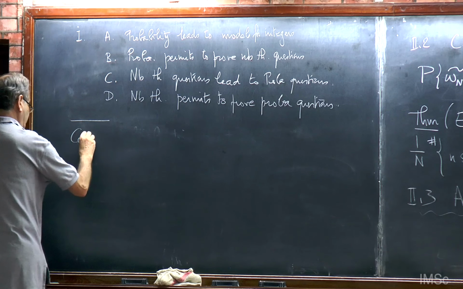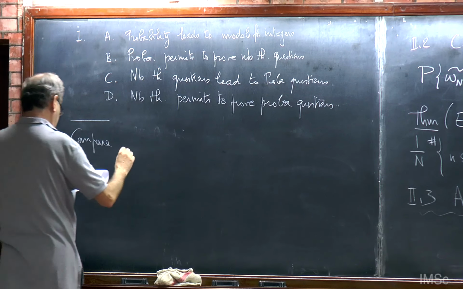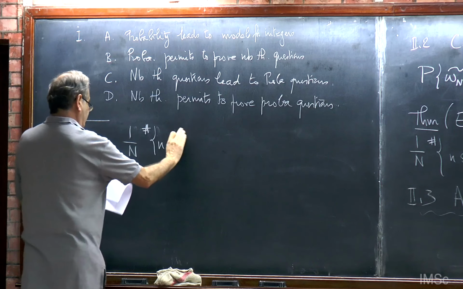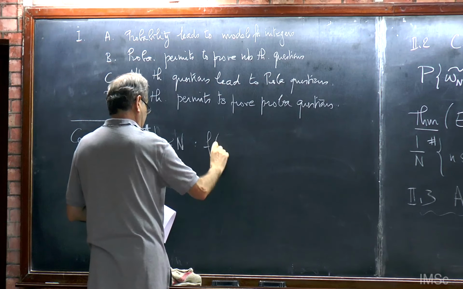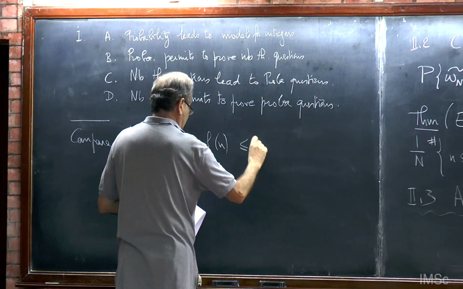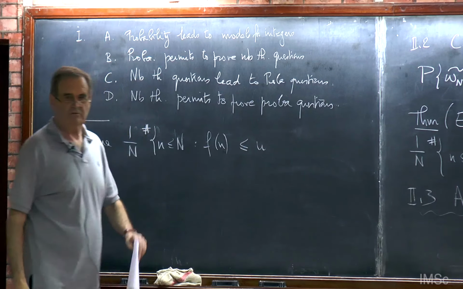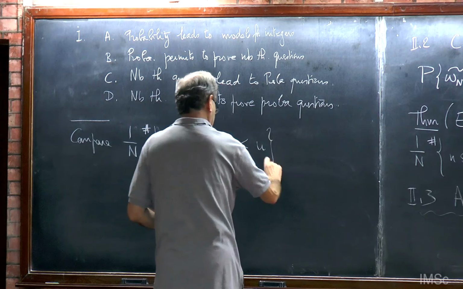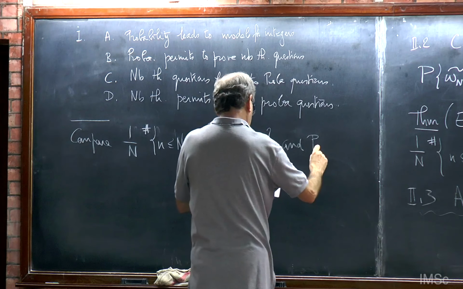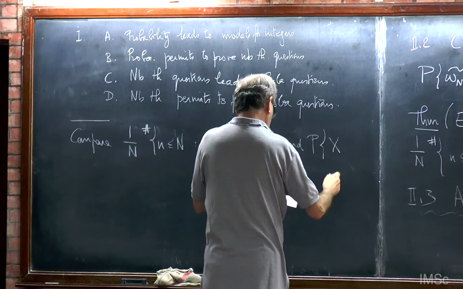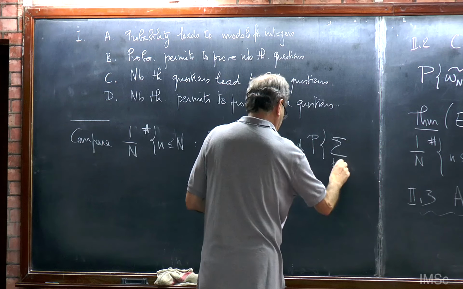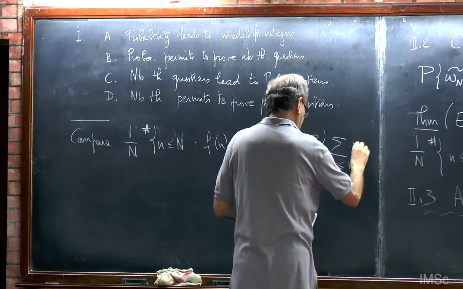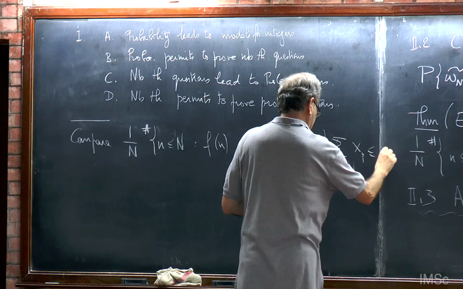The question is to compare 1 over n times the cardinality of n up to capital N for which f of n is less than u, and the probability that the sum over p up to capital N of xp is less than u.